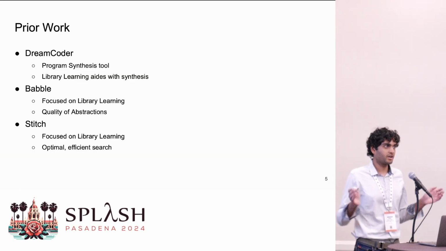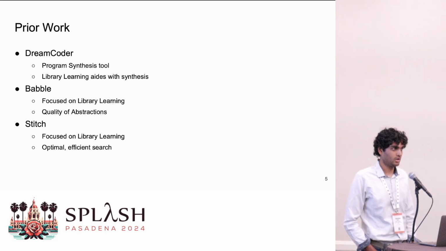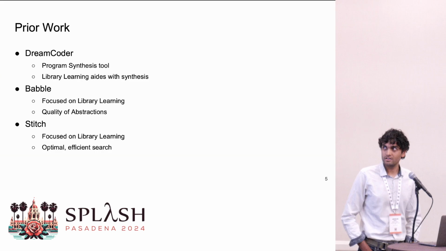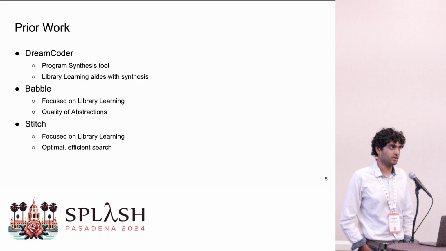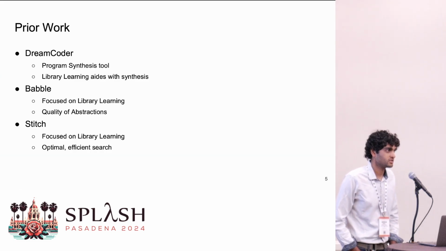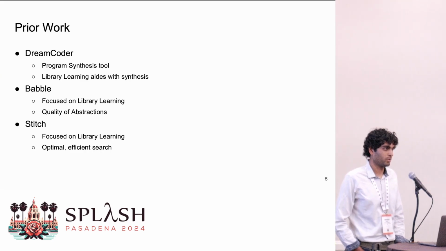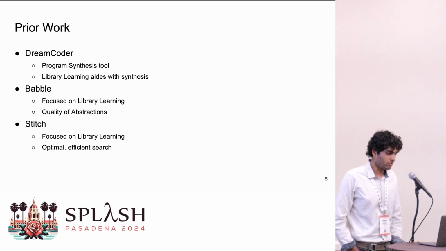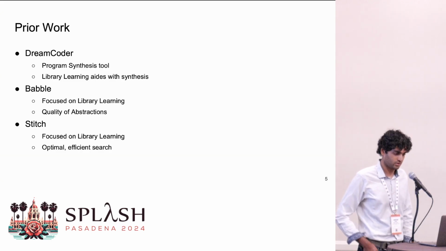It was something that it used in combination with its high-level program synthesis goal. However, these other two tools, Babel and Stitch, focused entirely on library learning. And Babel focused on the quality of the abstractions that it could generate, and Stitch focused on being fast and optimal. In our work, we built upon Stitch, so I'd like to take a look into how it works.